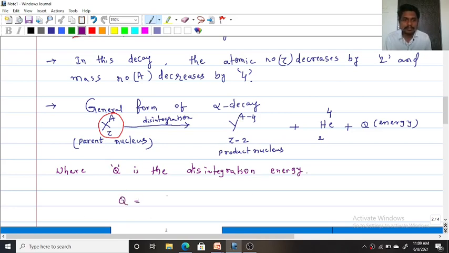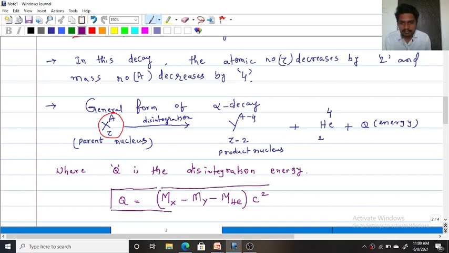This is nothing but the mass energy difference: the mass of the parent nucleus minus the mass of the product nucleus and the mass of helium. Q equals delta m into c squared. The difference in mass is converted into energy.